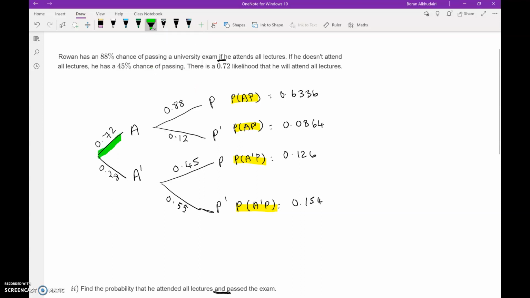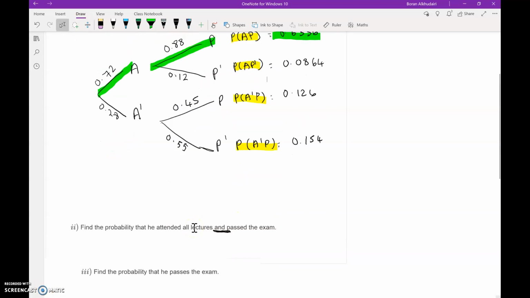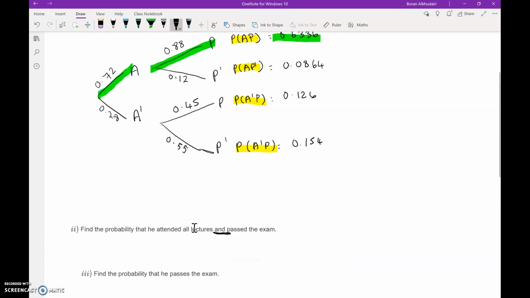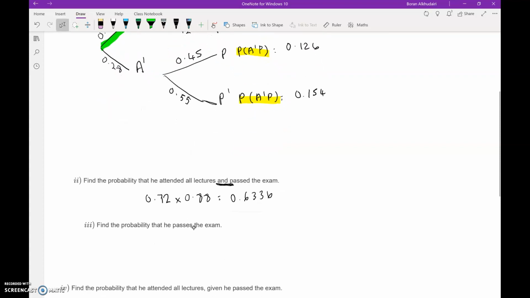He attended all lectures, and the probability and that he passed the exam is 0.72 times 0.88, and we've already done that calculation. 0.72 times 0.88 is equal to 0.6336. So we have just found that probability quite easily.